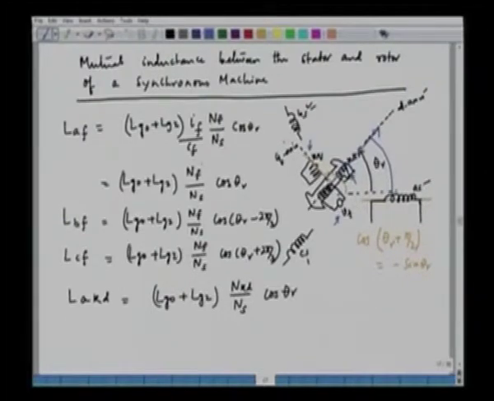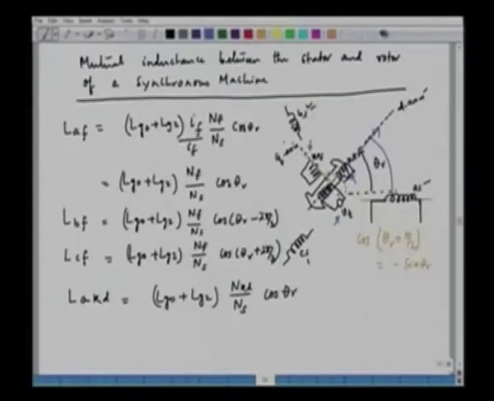Since Lg0 plus Lg2, this expression we have already seen in the last lecture, is referred from the primary side, we have to multiply by a suitable number of turns, and the number of turns is NF by NS. If we simplify this, it is (Lg0 plus Lg2) into NF by NS into cos of theta r, that is LAF, the inductance between phase A of the stator and the field winding.